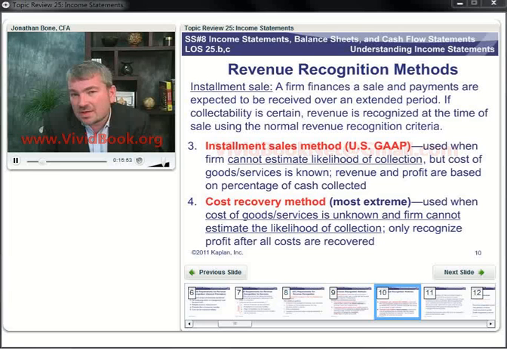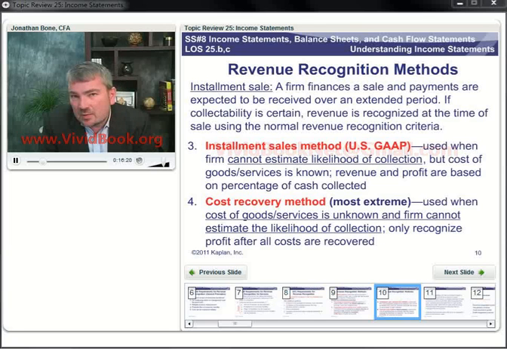Now, cost recovery method is the most extreme. It's used when we've got two sources of uncertainty regarding our installment sales. Source of uncertainty number one is whether the customer will pay you. Source of uncertainty number two is you don't know the total cost of providing the goods or services. Okay, so what we're going to do here is we're going to only recognize any profit once all the costs are recovered.